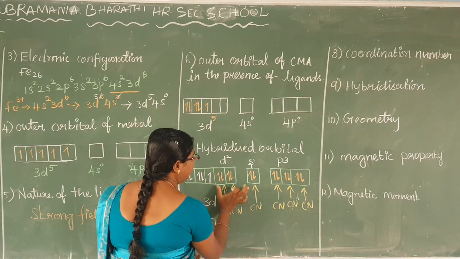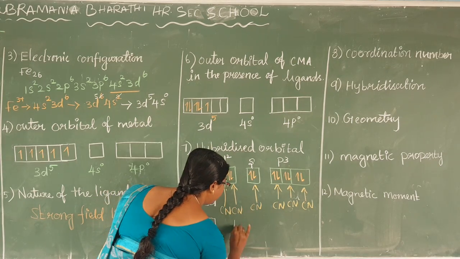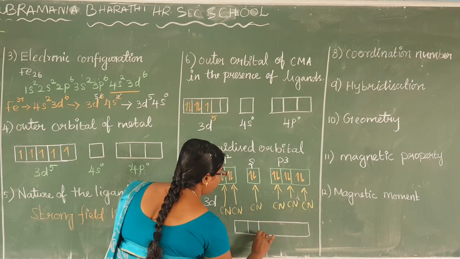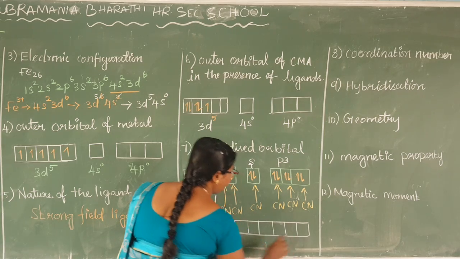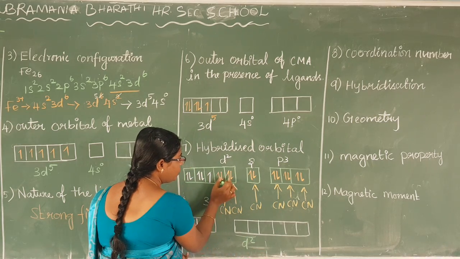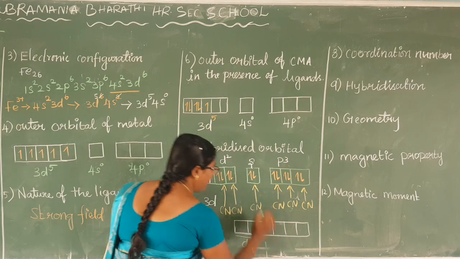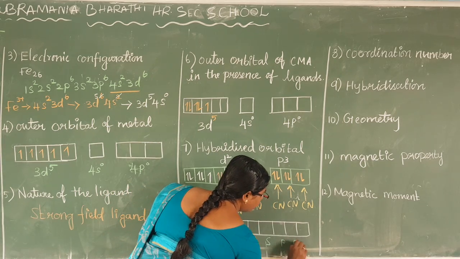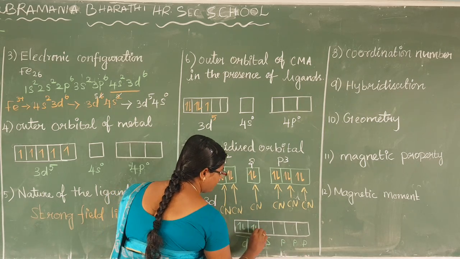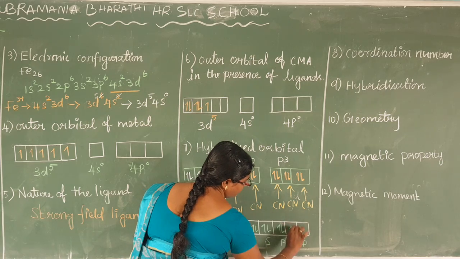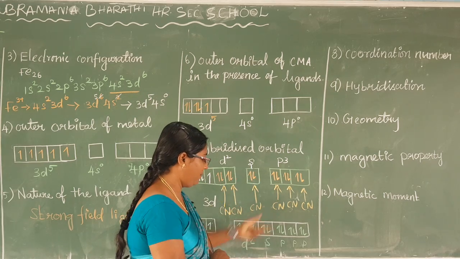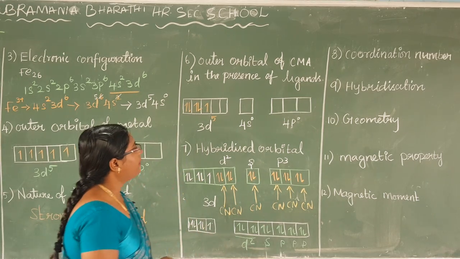Only one bond. These hybridized orbitals I am going to mix together. This is d2. I am taking these 2 degeneracy sets from the d orbital, and this is s and this is p. So d2sp3. Cyanide is donating a pair of electrons to these orbitals. In this way I can get the hybridized orbital.